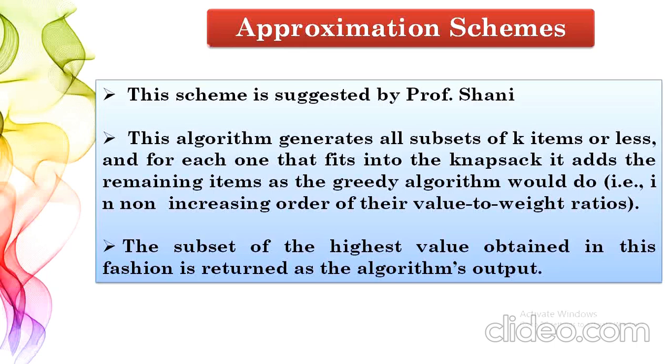This algorithm gives an accuracy level of f of s star divided by f of s a power k, which is less than or equal to 1 plus 1 by k. That means we need to carefully fix the k value so that our accuracy ratio is less than or equal to 1 plus 1 by k.